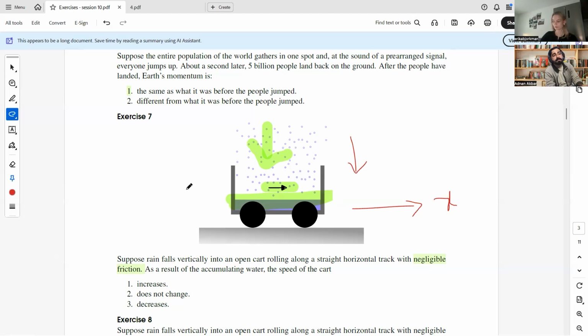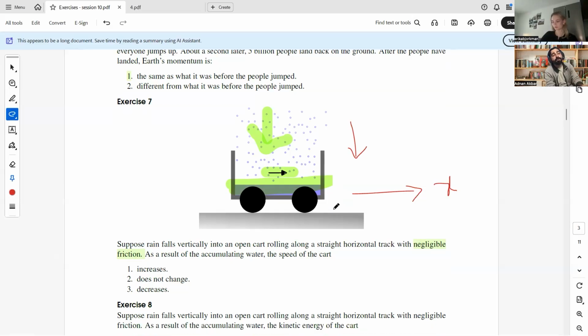Yes, something else can affect it: as the water is accumulating, it is increasing the mass. If its mass or weight increases, then automatically its speed will be reduced. So option 3 is correct. Speed will be reduced. Is it clear? Yes, it's clear.